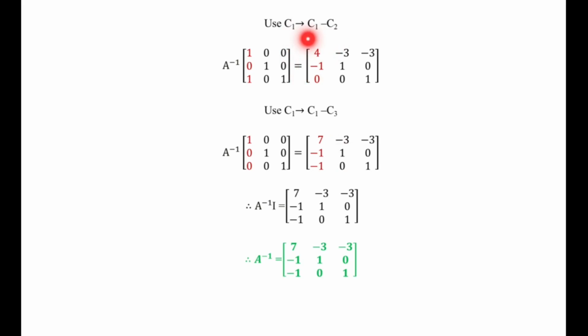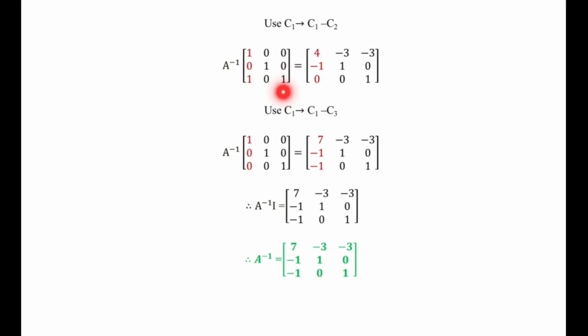So the third transformation you use is C1 changes to C1 minus C2. After using this you will get the matrix in the form where the first column is 1 0 0 and the second row is 0 1 0.